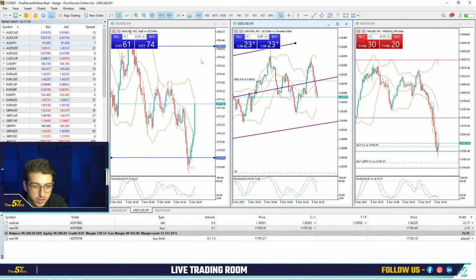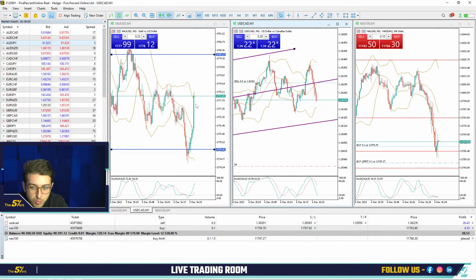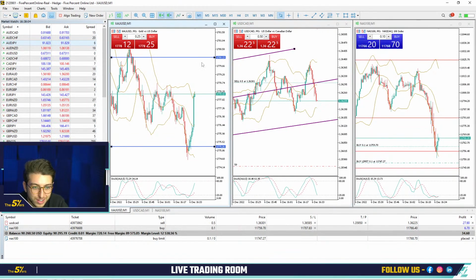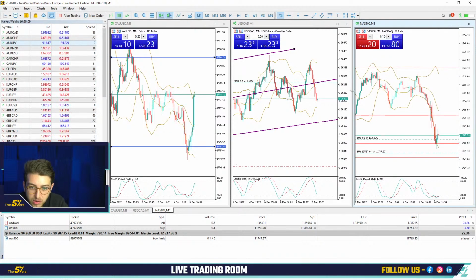Yeah, and gold is pushing quite far here. Probably should close half maybe and let the other half run. Always, that's part of the game, managing risk.